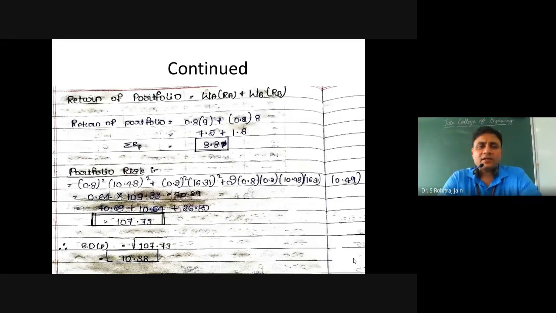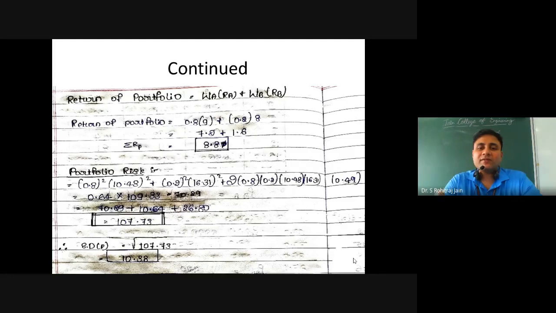So how do I calculate the return of the portfolio? Weight of security A into return of A plus weight of security B into return of B. So return of portfolio is equal to 0.8 multiplied by 9 plus 0.2 multiplied by how much? Which is equal to 8.8.